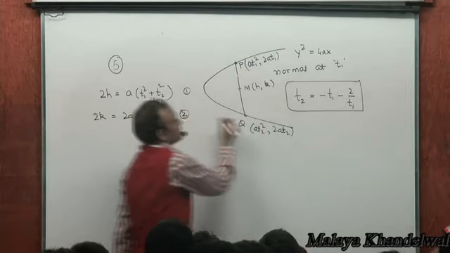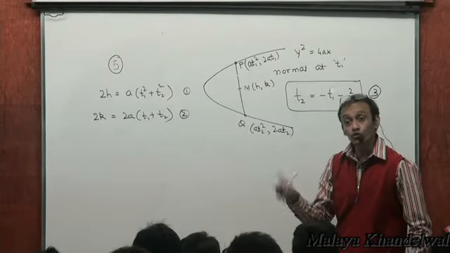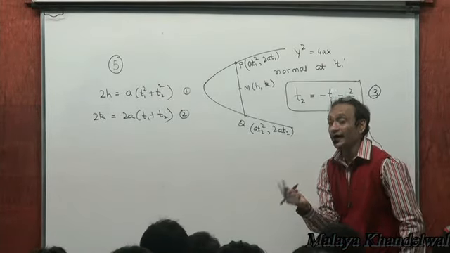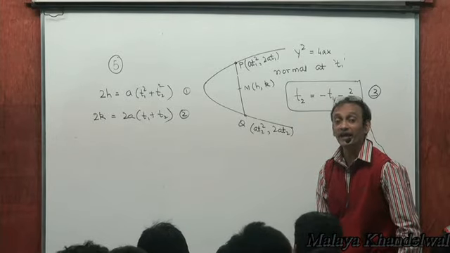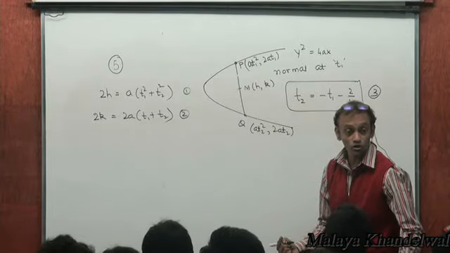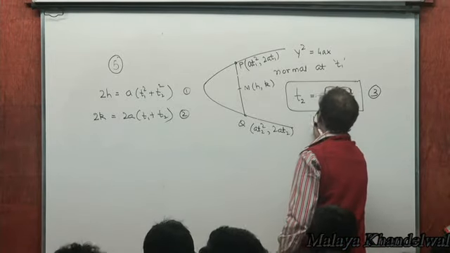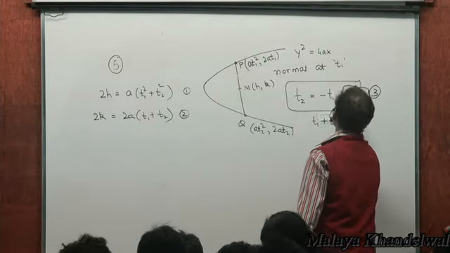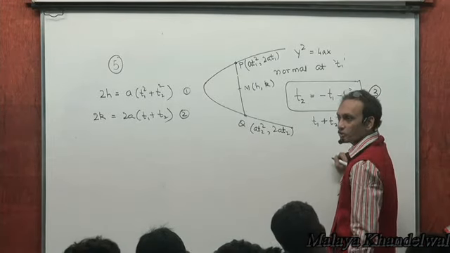From 1, 2 and 3 we wish to eliminate T1 and T2 and connect h and k, and eventually generalize, replace h by x and k by y to obtain the locus of M. That's what we're seeking to do. Now from this, do you realize that T1 plus T2 is minus 2 by T1? Yes or no?